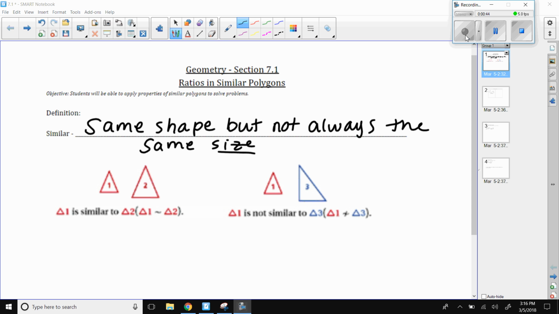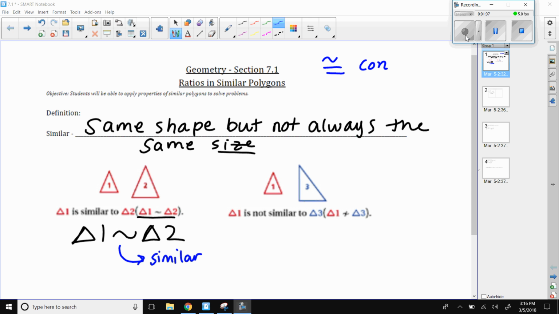Okay, and it's hard to see on your paper, but what this says in parentheses here is triangle 1, and it has this little tilde here, triangle 2, and this right here is the notation for similar. So for congruent, we had equal to with the tilde, the squiggly with the equals.